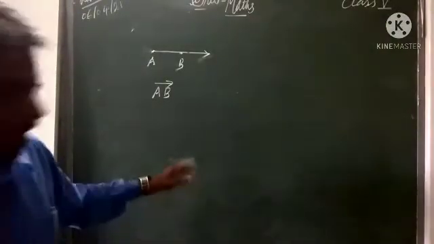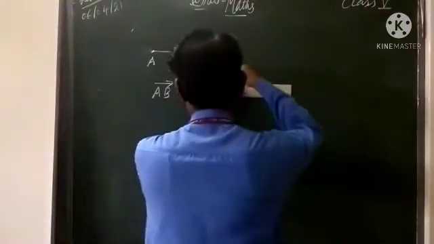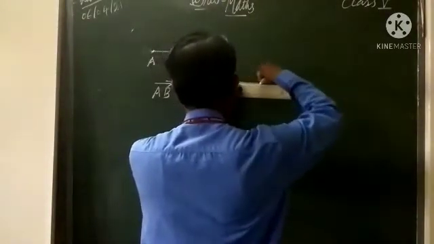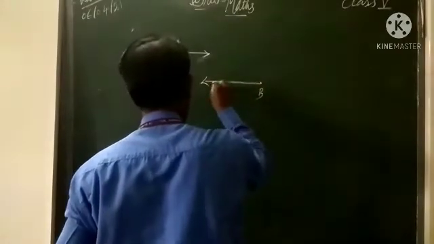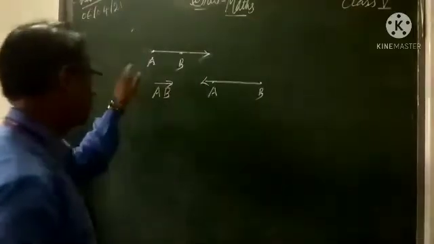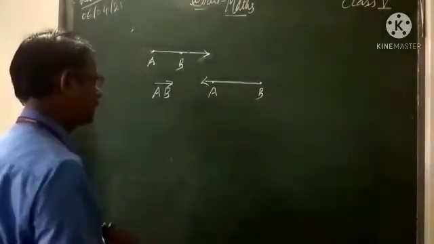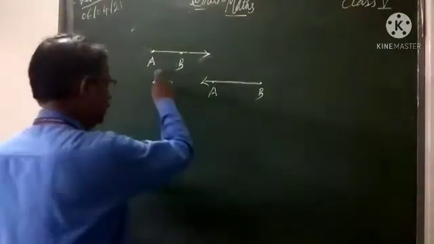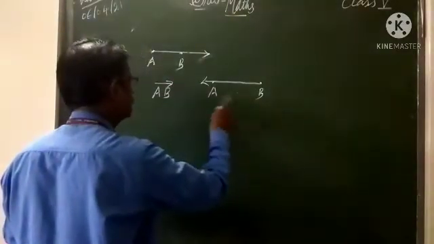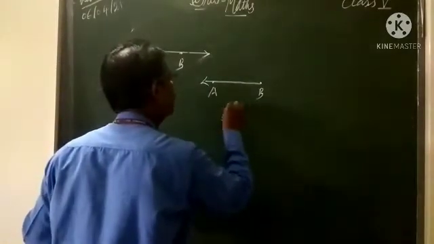Now ray AB I have written here, and next one is ray BA. Now look, ray AB is going on that side, means right side, and ray BA is coming on this left side. So here ray AB and ray BA are not the same.